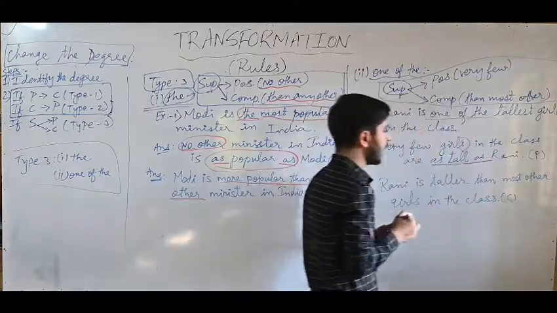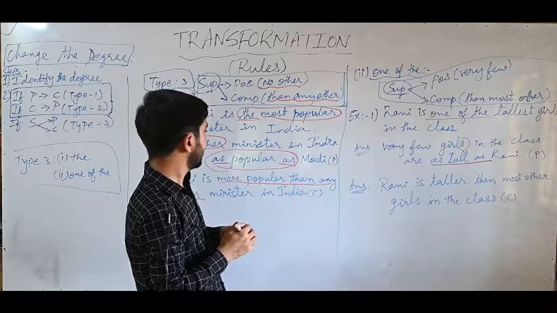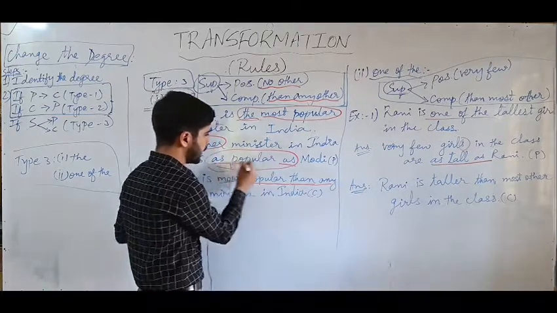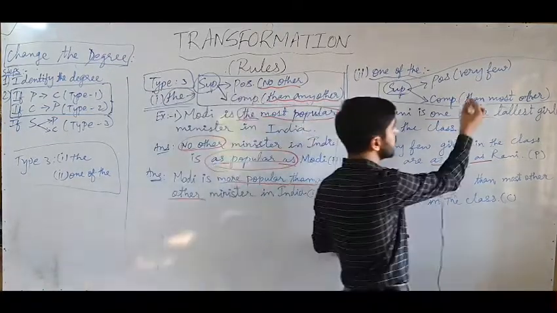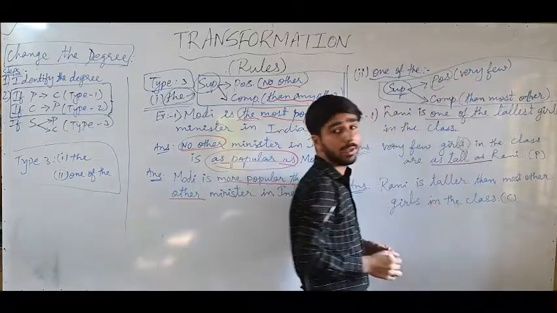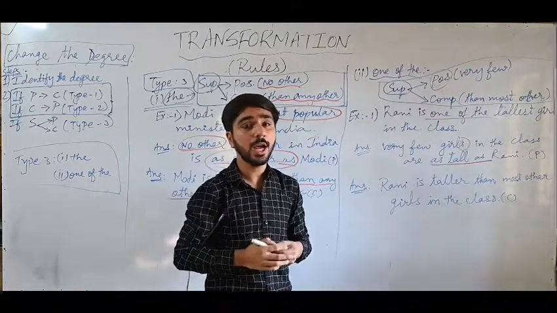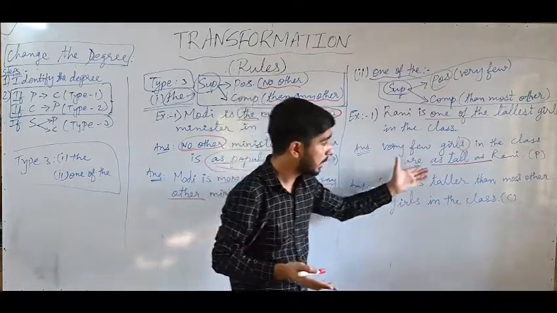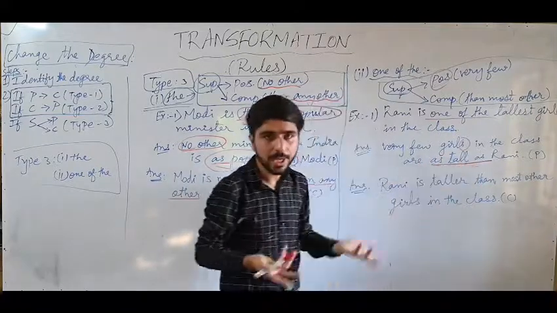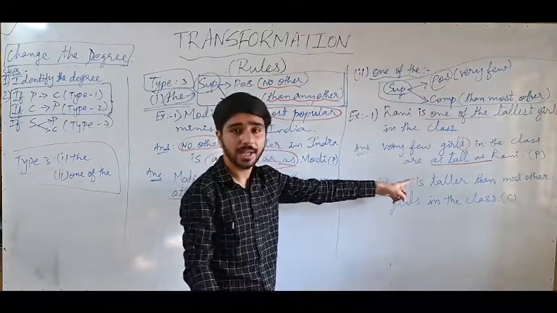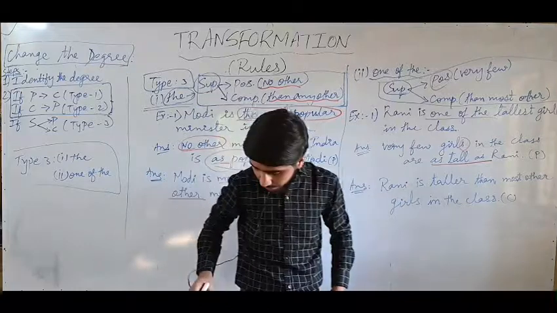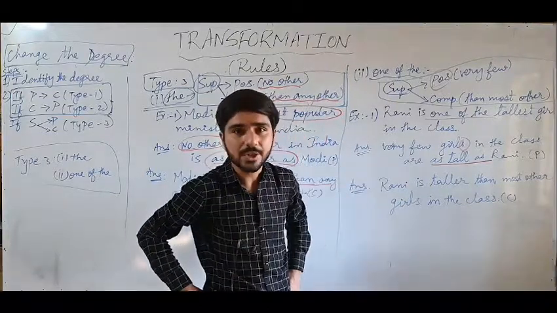Now, again, "as tall as", same like we did over here, "as popular as", same way, because we are changing it to positive degree. And what is the identity of positive degree? How do you identify when it is given as "as dash as" or "so dash as"? So it is compulsory. Whenever you are changing to positive degree, you have to use "as dash as".